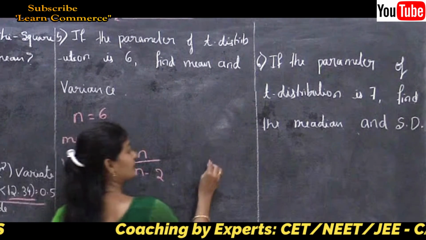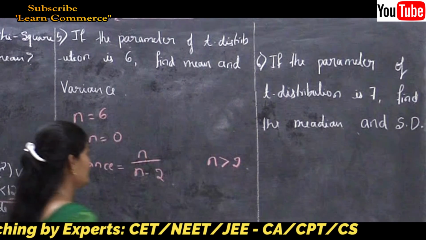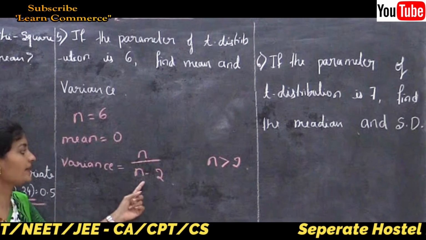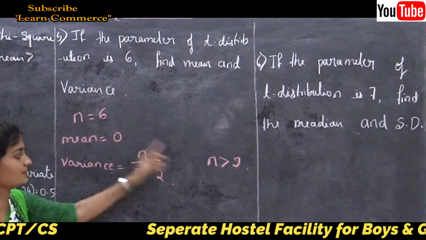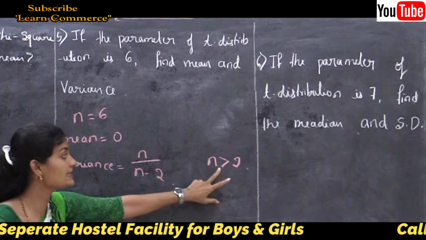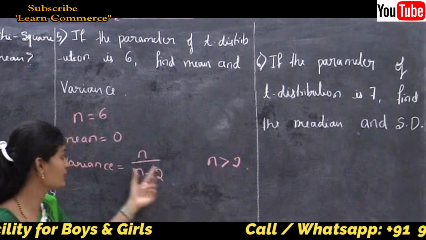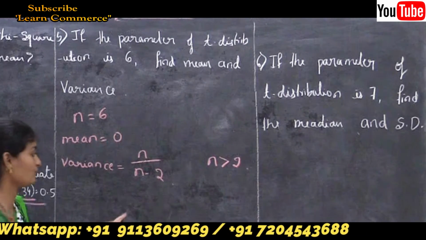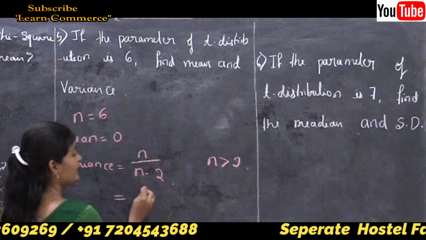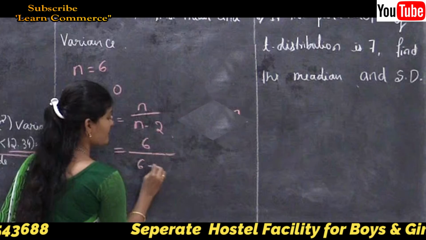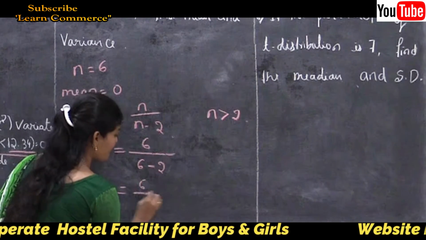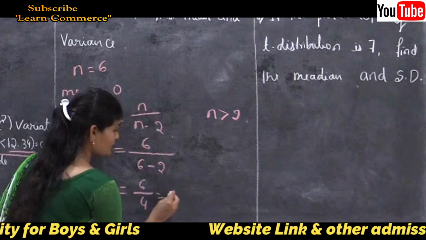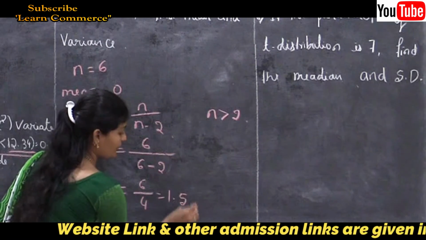Here n is 6, which is greater than 2, so the formula for variance is n divided by n minus 2. Now I will substitute the values. Here n is 6, divided by 6 minus 2, that is 6 divided by 4. This is equal to 1.5.